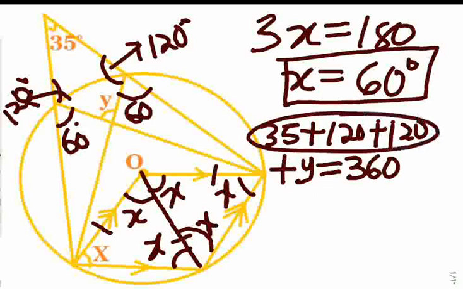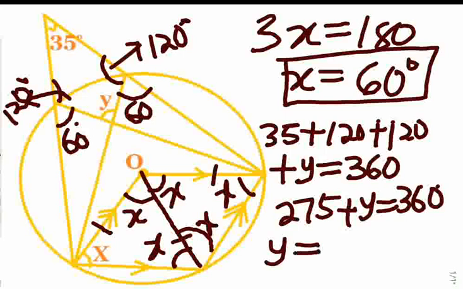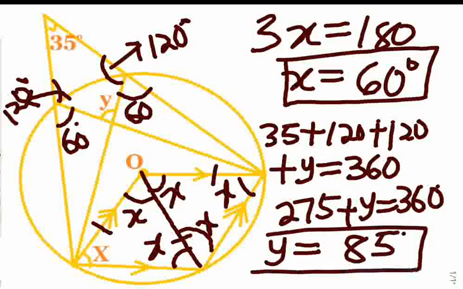Adding all of this together, 275 plus y equals 360. And when you subtract 275 from 360, you will get 85 degrees. So the solution to y here is 85 degrees, while x is 60 degrees.